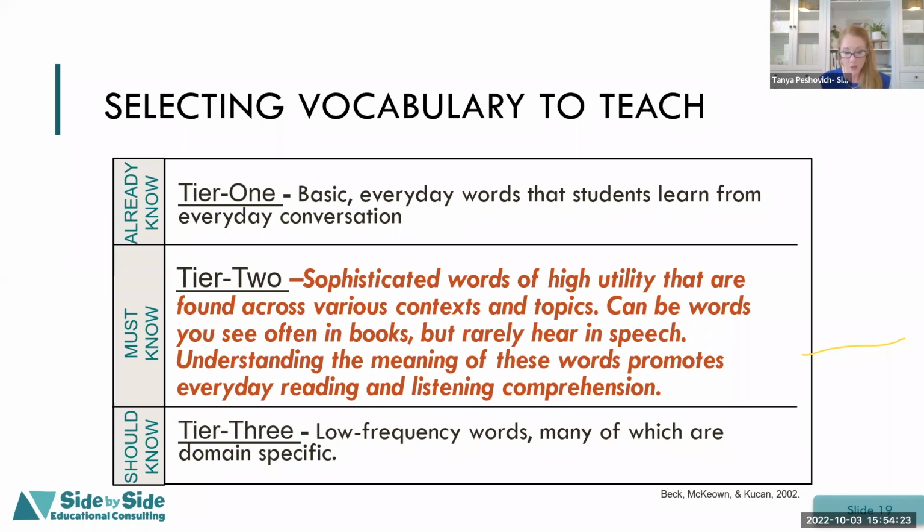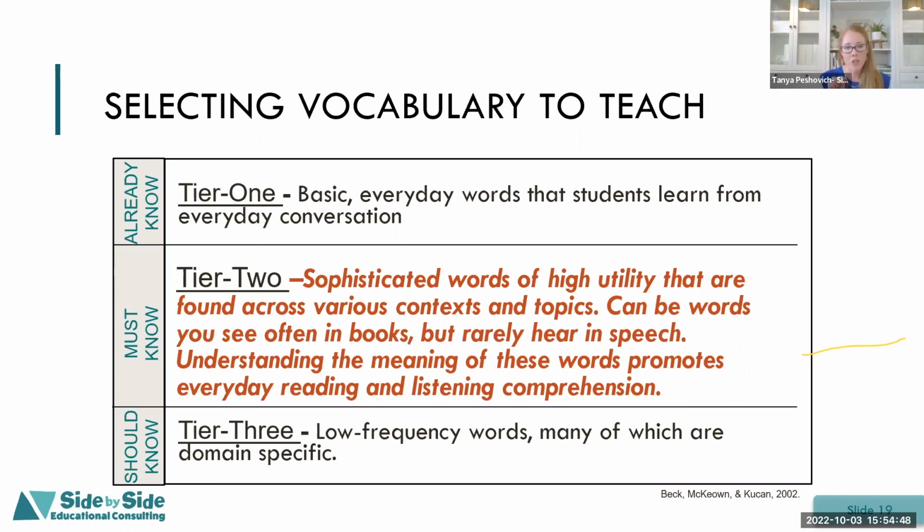Some examples of tier 2 words are a word like masterpiece or fortunate or benevolent, right? Really rich words that you do need to understand in order to understand the text that you're looking at. There are about 7,000 word families that fit into this tier 2 category.